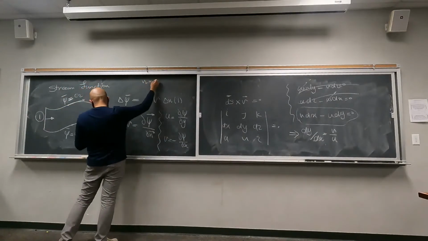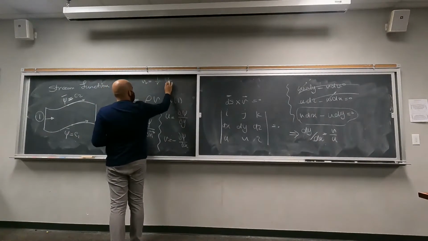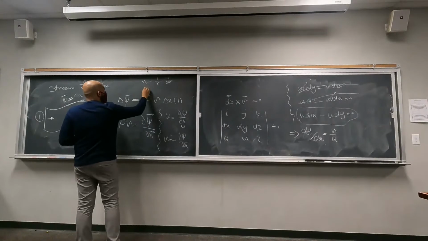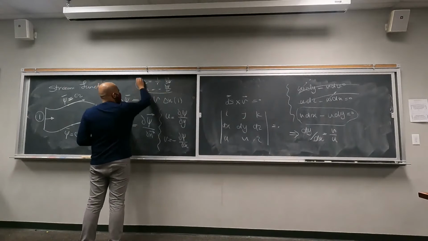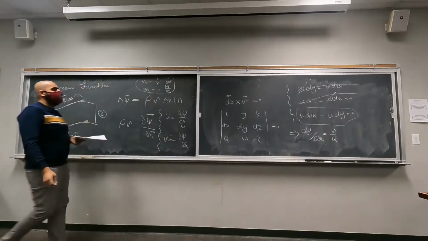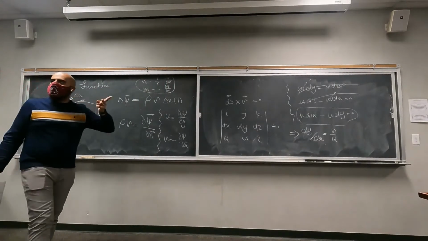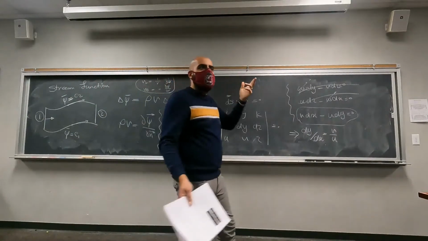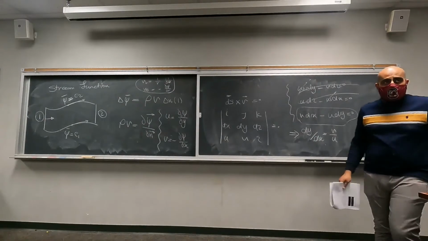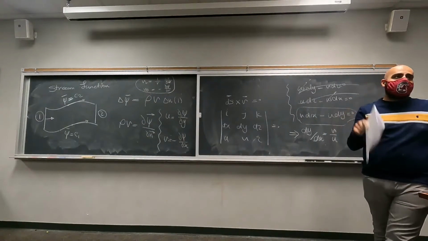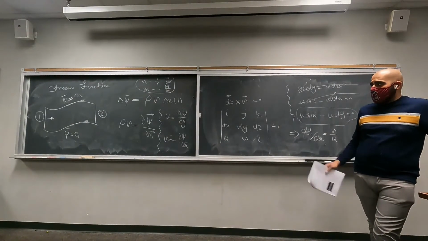So v_r is going to be 1 over r partial psi partial theta, and v_theta is going to be negative partial psi partial r, right? It's a two-dimensional case, so we are only going to have r and theta. Both spherical and cylindrical coordinate systems will be represented by r and theta. Okay, so if we have the stream function, we essentially have everything we need to be able to calculate the properties of this flow. And that's it for today.